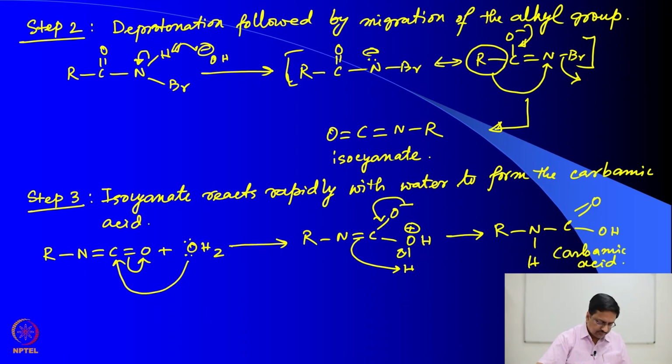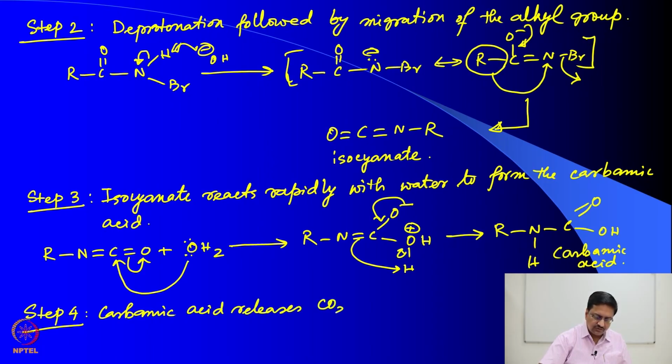In step 4, carbamic acid releases CO2 to form the amine.